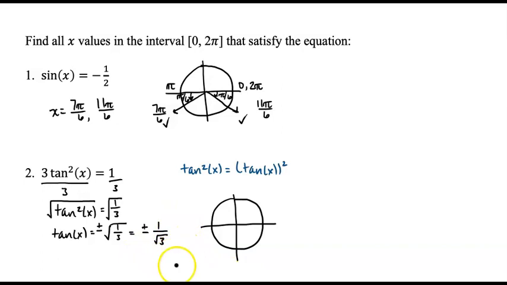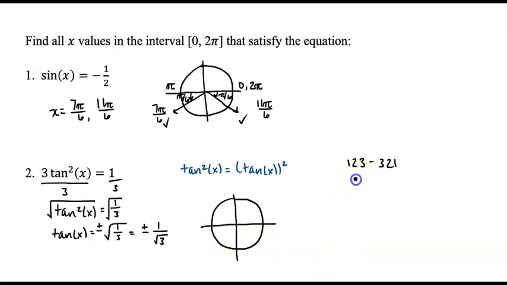So I'm going to go about this a different way. I'm going to use that 1, 2, 3, 3, 2, 1 method to try to figure out what values of x might give me a tangent of 1 over root 3. Because I want to know what reference angle this is going to be true for. If I know the reference angle, then I can apply it to the different quadrants.